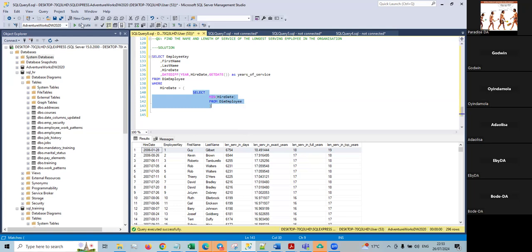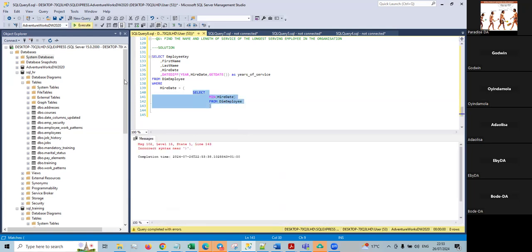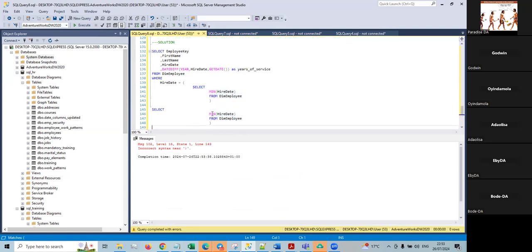If we run this part of the query, what does that give us?